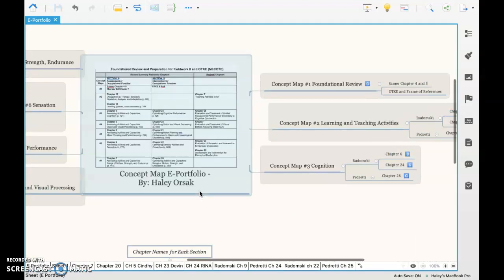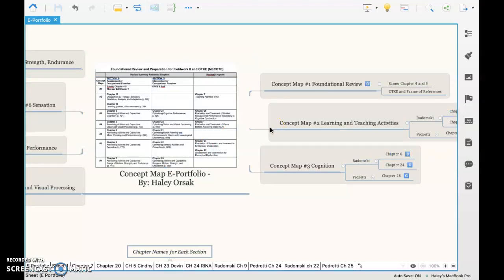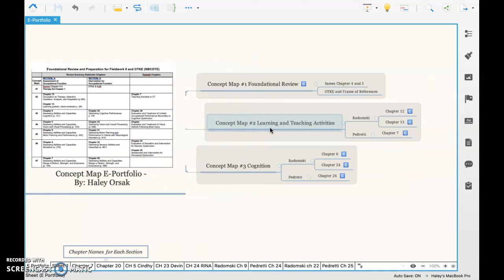So just to start, I chose the concept maps based on appeal, like how they looked, how my mind read them when I first looked at them, because I need things that are organized and that aren't super dull. I need things to draw attention to my brain.